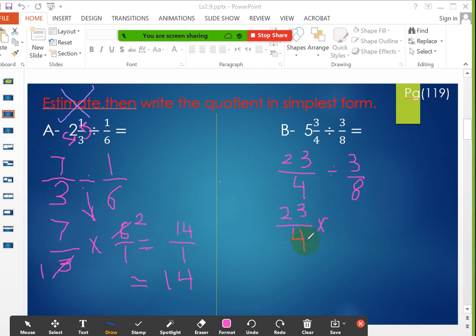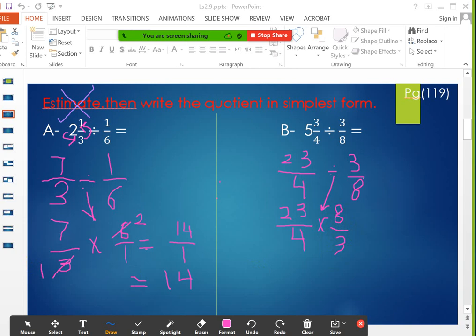Here I want to convert from division to multiplication. So the divisor will be what? 3 over 8. Look, from division to multiplication, so the divisor will be the opposite. It will be what? 8 over 3. Very good. Thank you so much, Yusra.